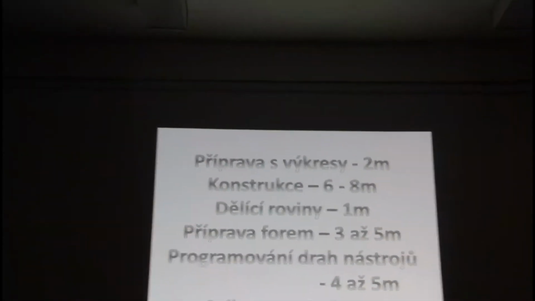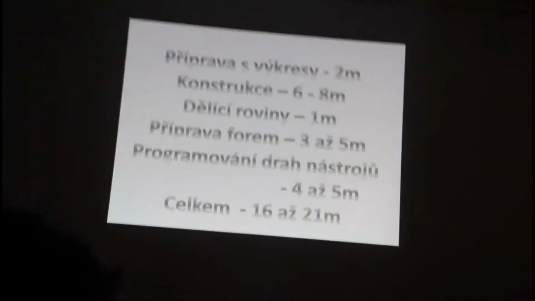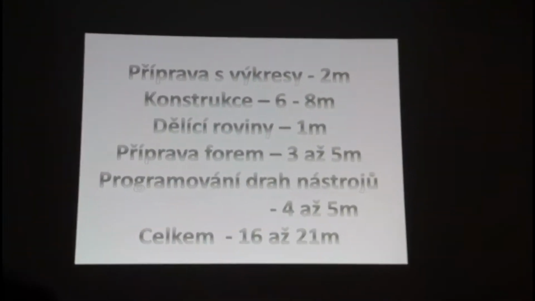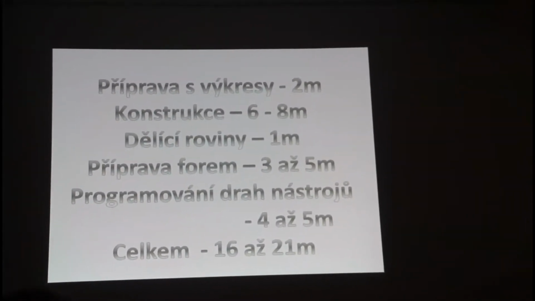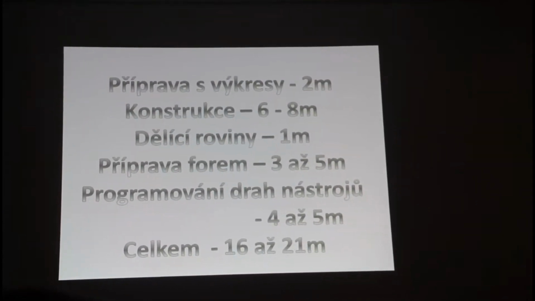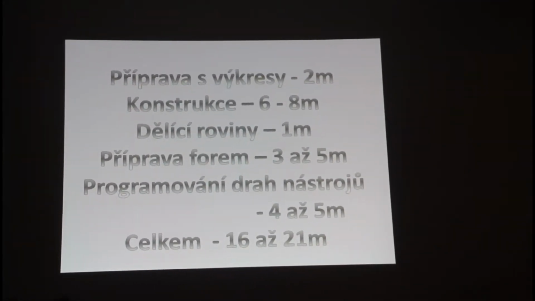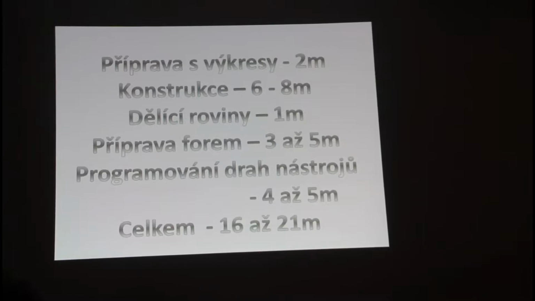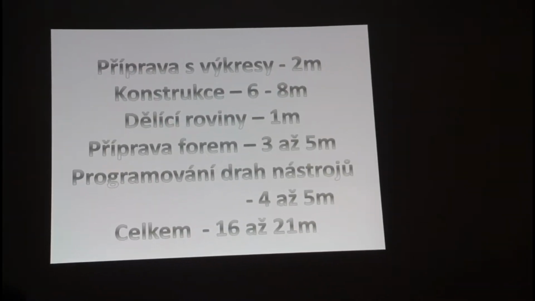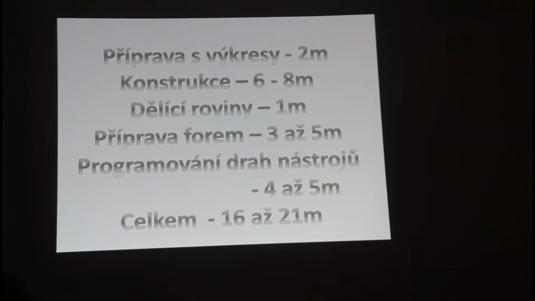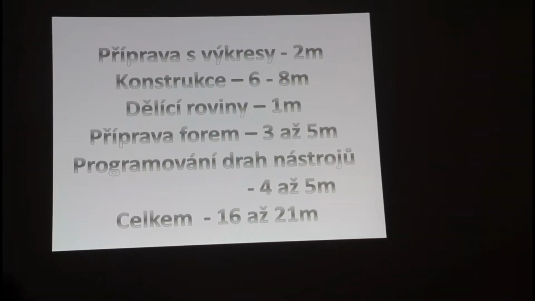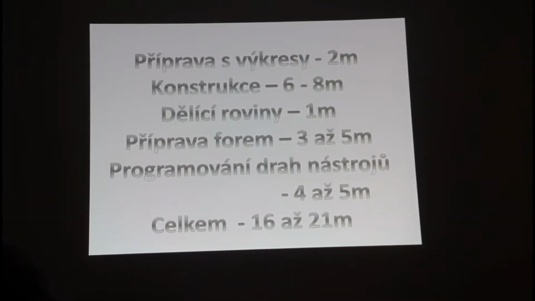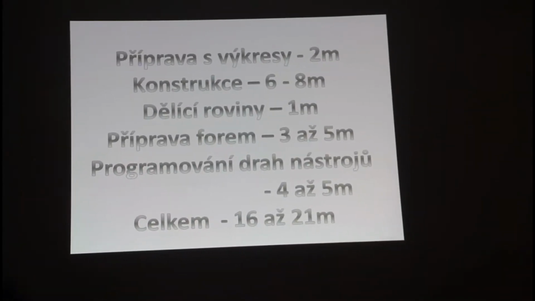This is a typical time scale for the project. The letter M means month. The preparation phase with the drawings takes 2 months, design 6 to 8 months, dividing planes 1 month, preparation of the molds 3 to 5 months, depending on how complicated they are, and manufacturing 4 to 5 months.